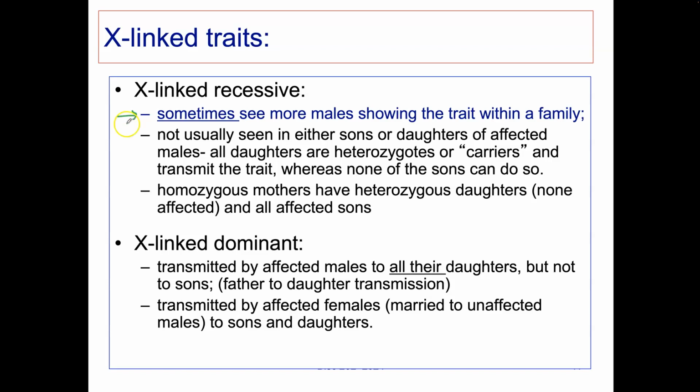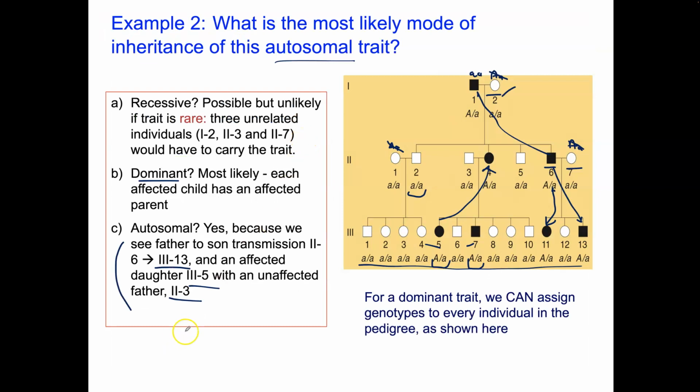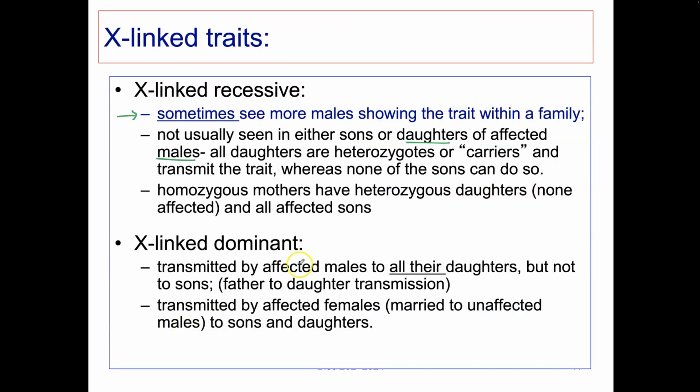If we have an affected male in a family, say a male who is colorblind, which is a common X-linked trait, you don't usually see that trait in the sons or the daughters of that male, because the daughters are going to be heterozygous. They will have gotten only one of the father's alleles and then one of the mother's, so they're going to be heterozygous. But the sons are not going to show it because they don't get their X from their father, right?